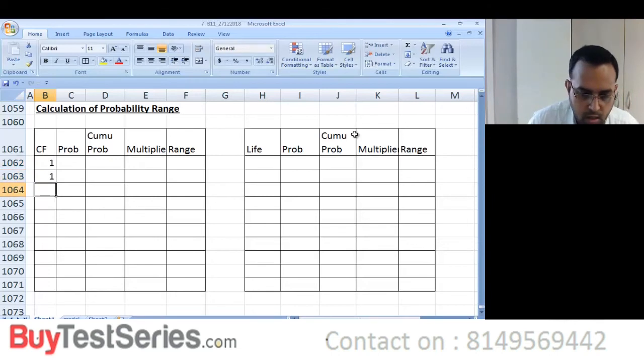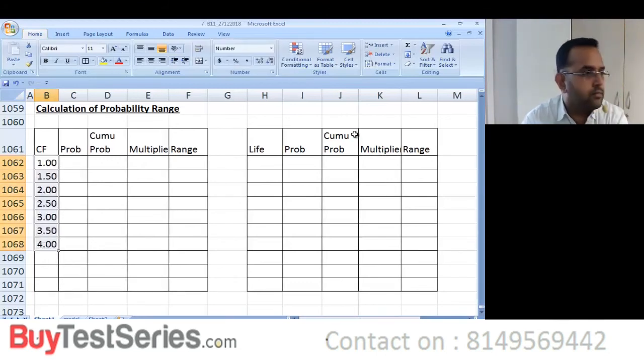Cash flows are 1, 1.5, 2 lakhs, 2.5 lakhs, 3 lakhs, 3.5 lakhs, 4 lakhs. Right? Fill up the probability, fill up the cumulative probability.